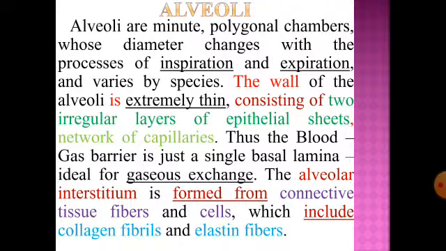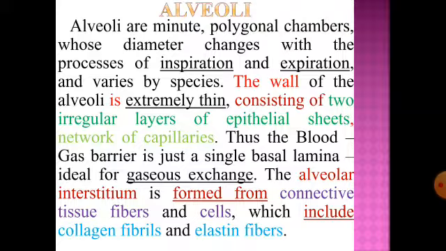Alveoli. Alveoli are minute, polygonal chambers whose diameter changes with the process of inspiration and expiration and varies by species. The wall of the alveoli is extremely thin, consisting of two irregular layers of epithelial sheets and a network of capillaries.